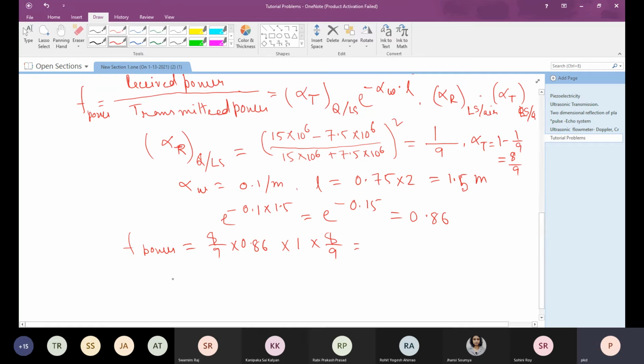We can also compute the transmission coefficient alpha t as 4 R1 R2 over R1 plus R2 squared.